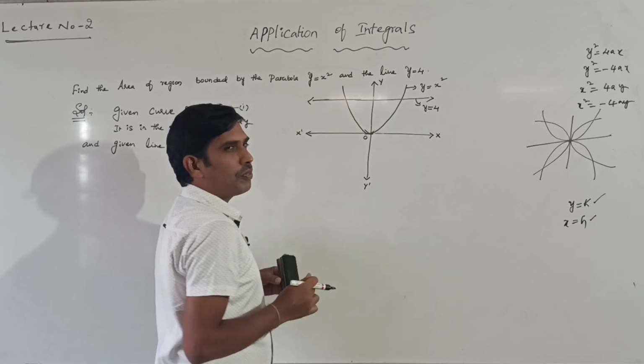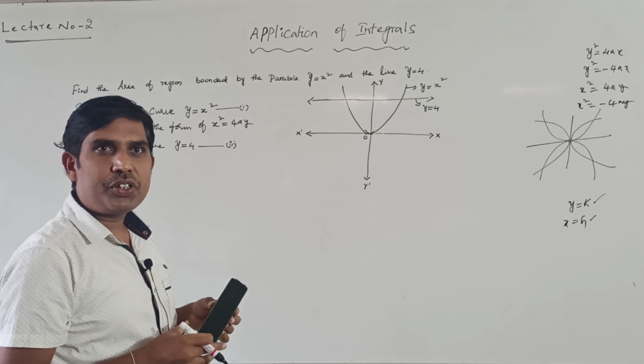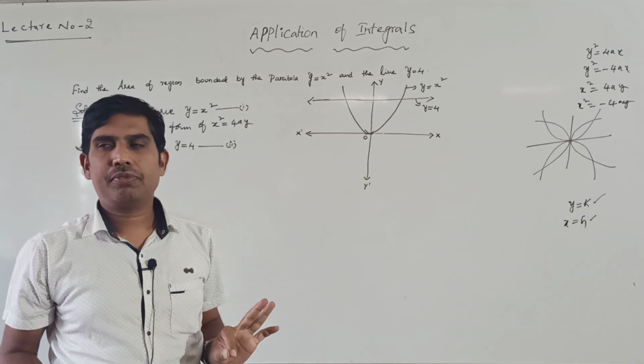First of all, to find this area, we have to find where the line and curve intersect.